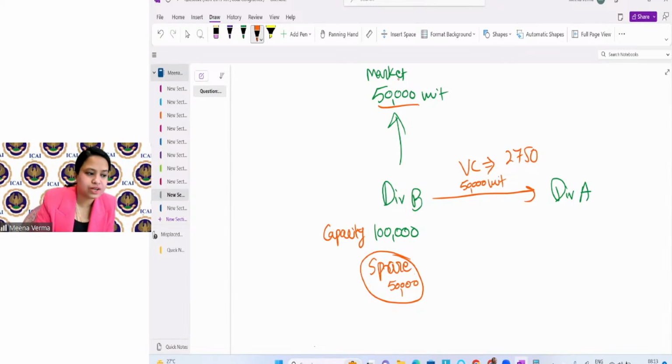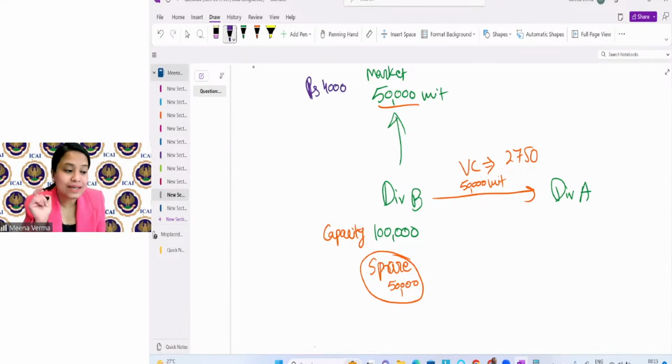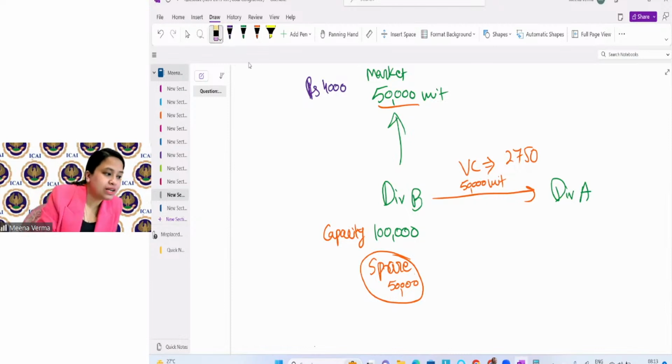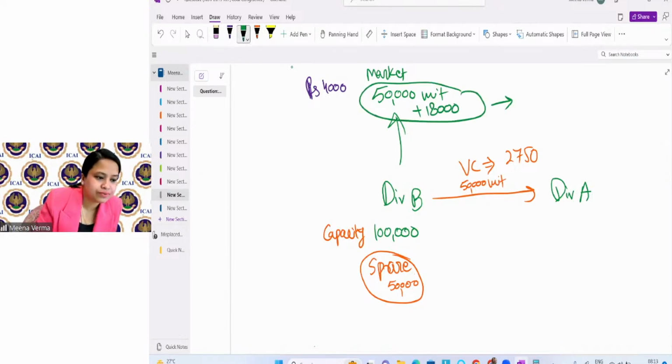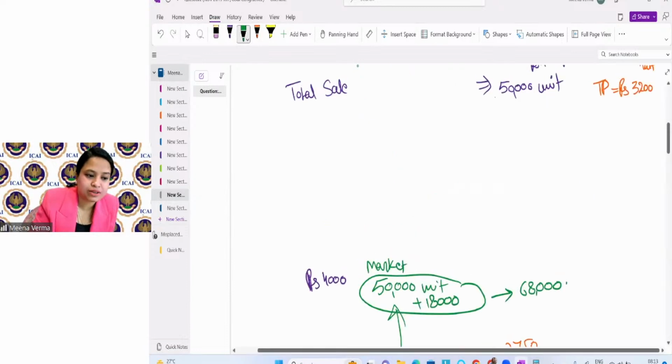They can transfer it at the variable cost of 2,750. The external market price is 4,000 rupees. This is the scenario. But in case the external demand rises by 18,000, what will be the demand in the market? 68,000 units is the external demand in the market.